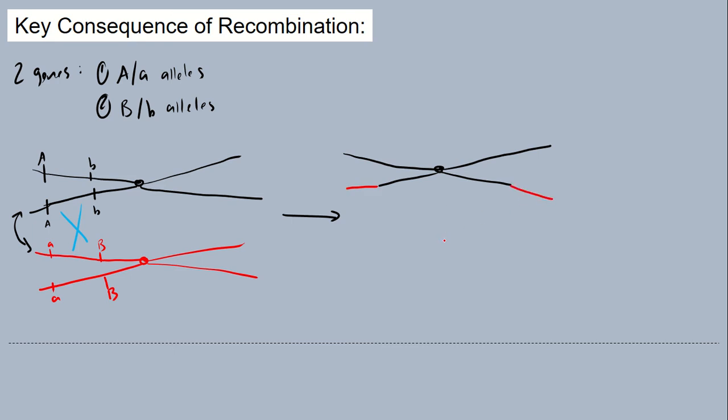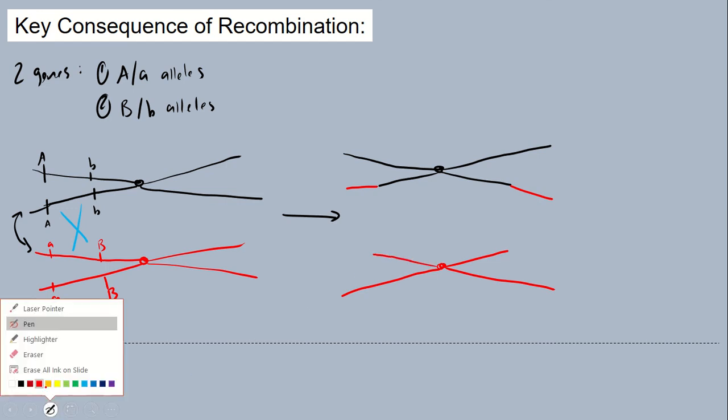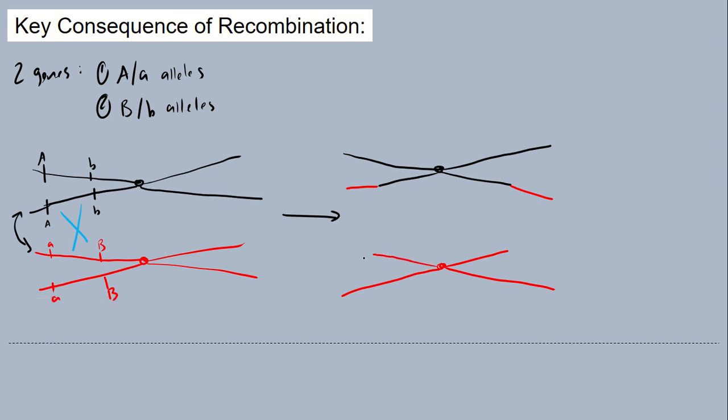Likewise, this bottom chromatid will be the same, but this top chromatid will carry a little bit of DNA from the other homolog. So there's been an actual physical exchange of DNA through recombination.